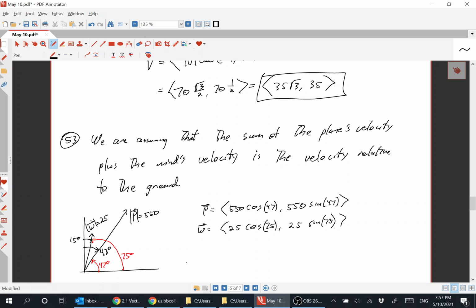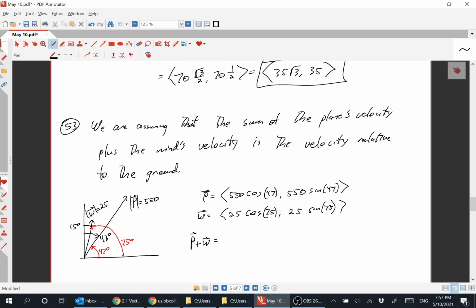So these are 381.57. Right, so we'll add these together.